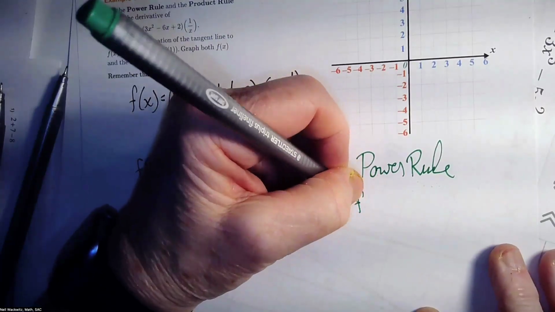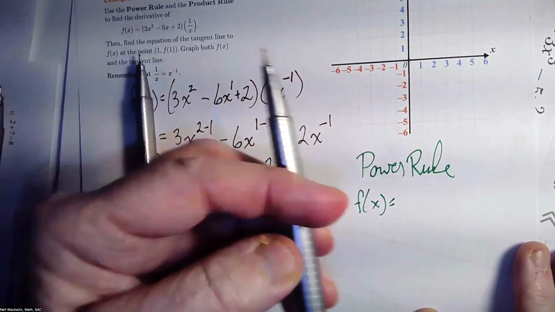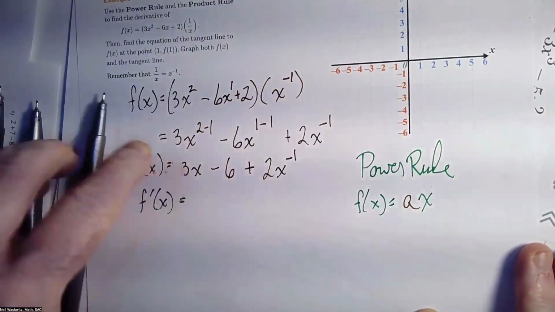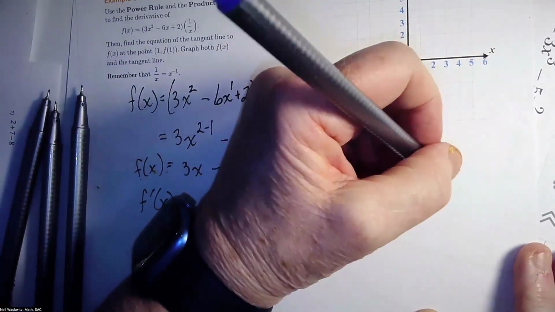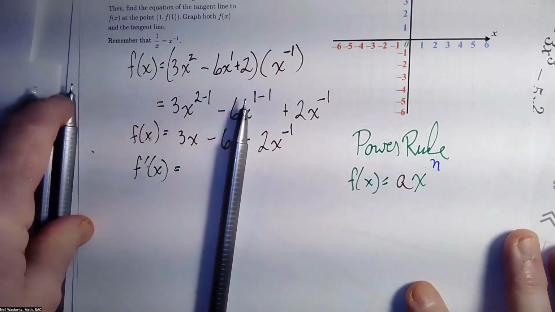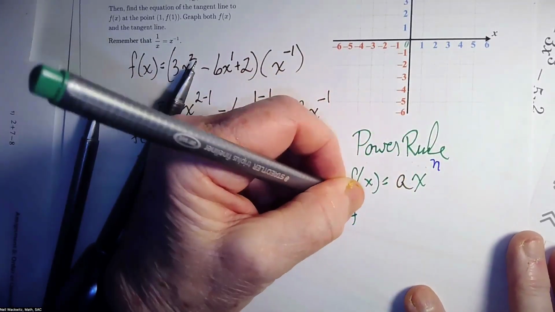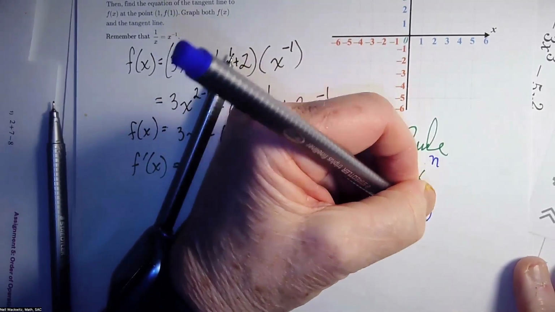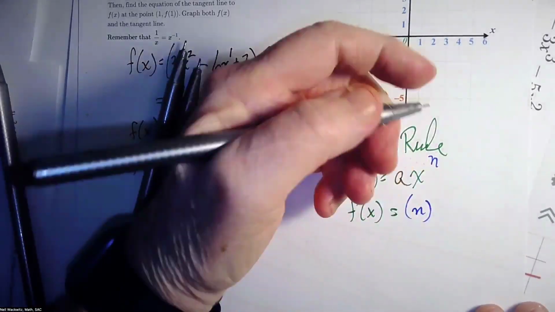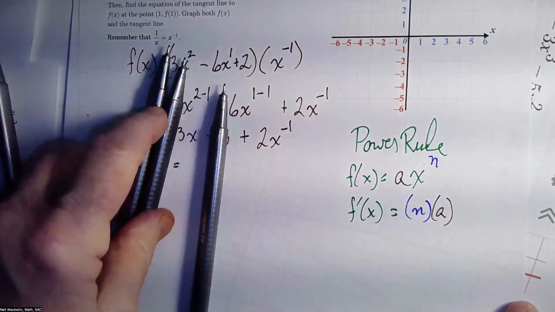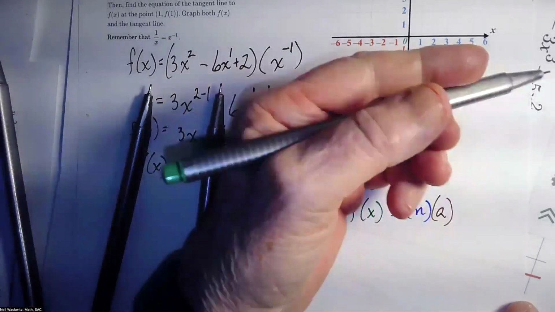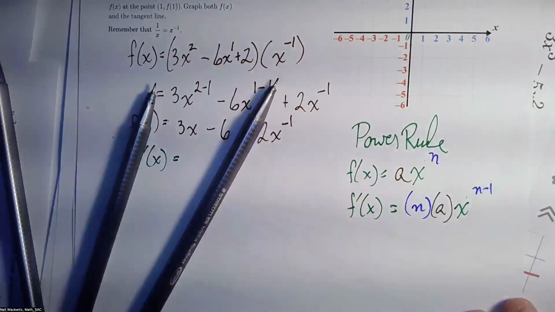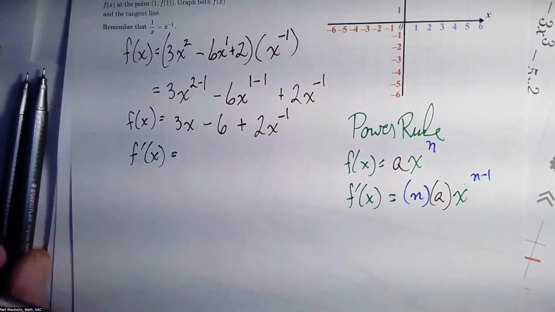If f of x equals ax to the n, then f prime of x is n times a times x to the n minus 1. So we've got that in our toolkit.